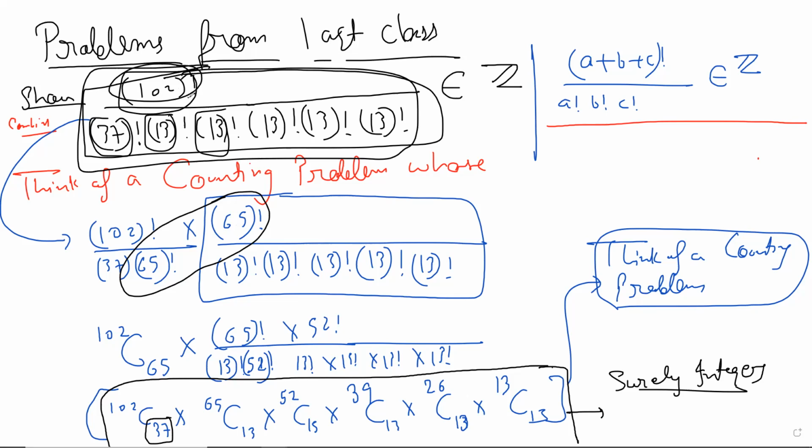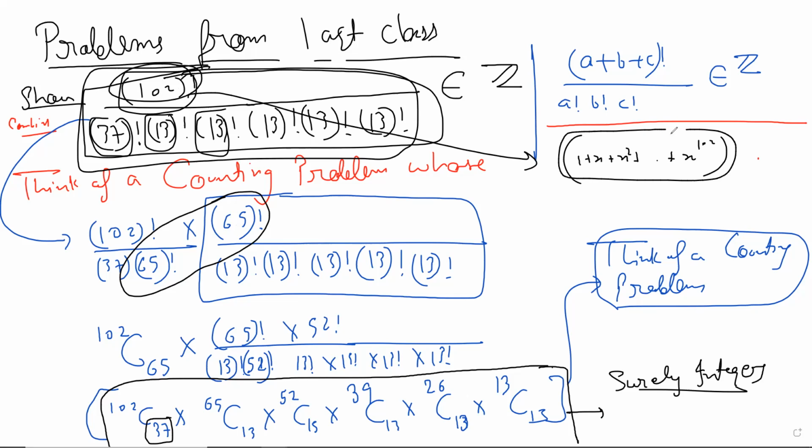Maybe this 102 can be replaced by, let's say, 1 plus x squared up to x to the power 102. Some other thing which is not 102, but it is a generalization of 102, because when you put x equal to 1, you get 102. But then it's in a bigger setting, right?